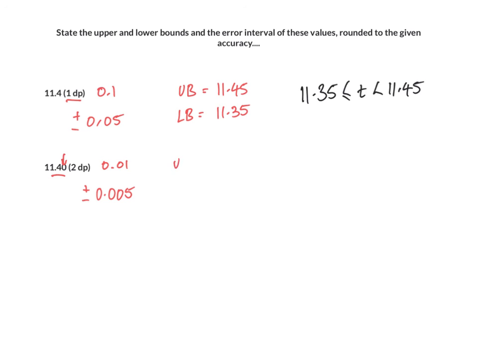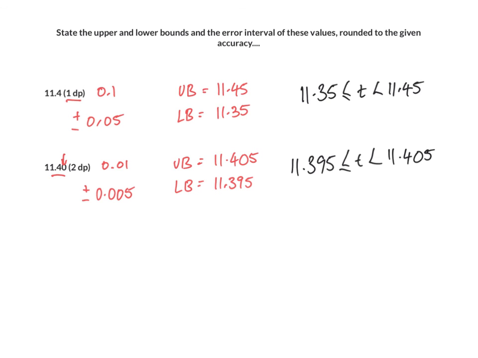And so the upper bound here is 11.405. The lower bound, just be slightly careful with this, is 11.40 take away 5 thousandths. And so, albeit those look very, very similar, we get slightly different answers for that, depending on how many decimal places we're rounding to.